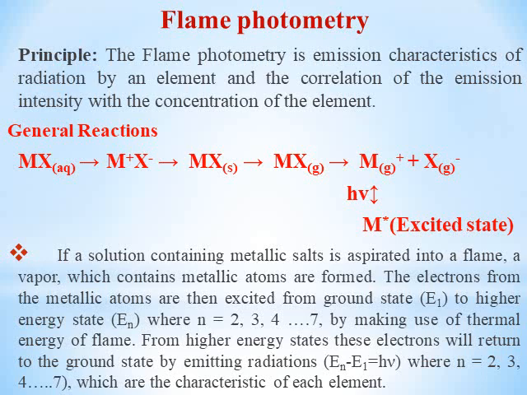From the higher energy states, these electrons will return to the ground state by emitting a certain frequency of radiation. The energy difference between any excited state and the ground state is nothing but the emitted frequency.